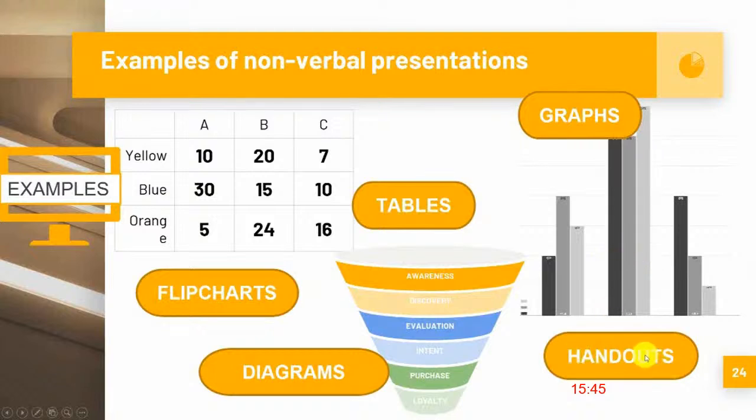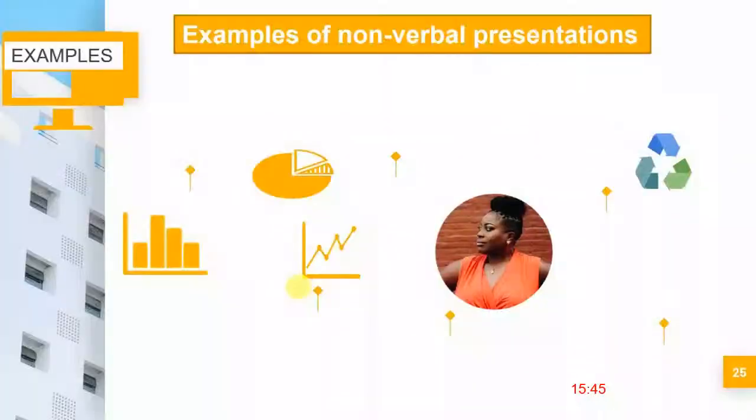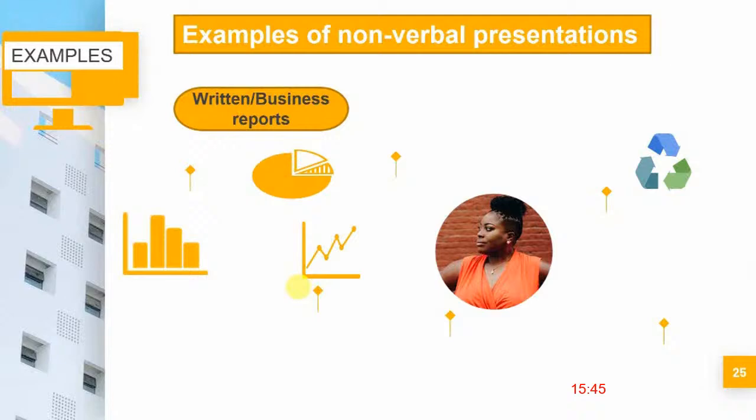You get so many handouts at school. This over here is a diagram. A flip chart is when we get the white paper on an easel. Normally when we have a workshop and the presenter is writing notes on the white paper on the easel that they can turn around. And that's what we have, written business report.